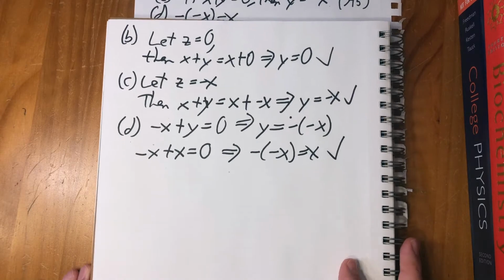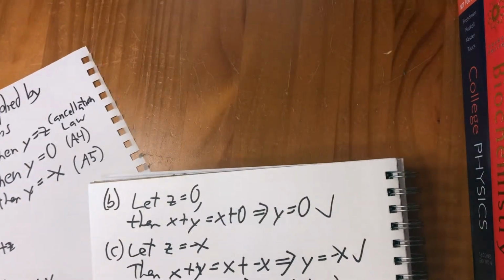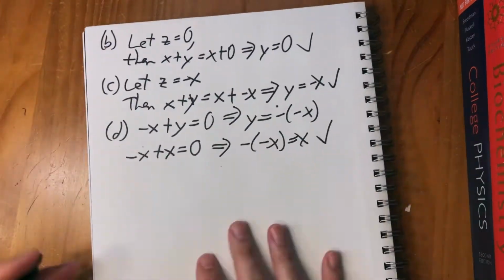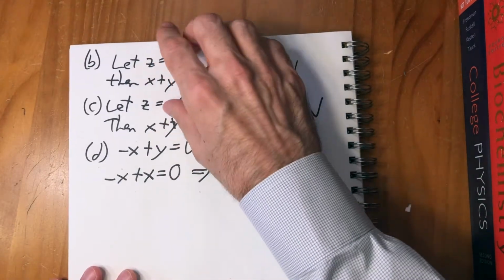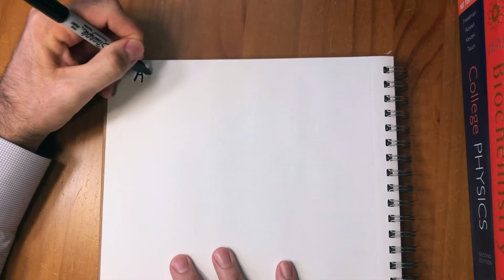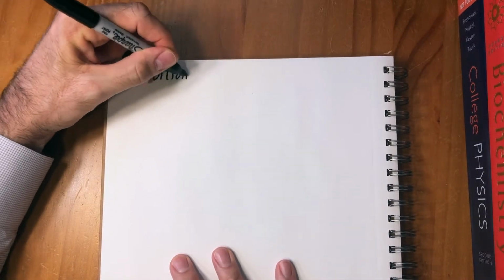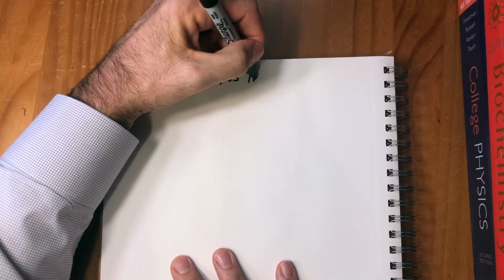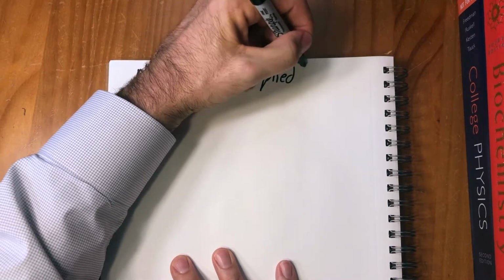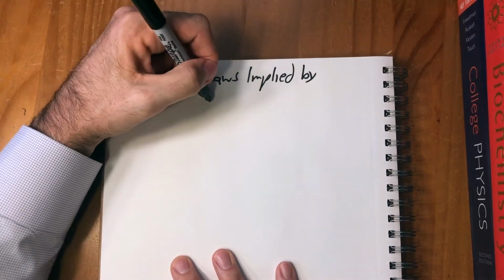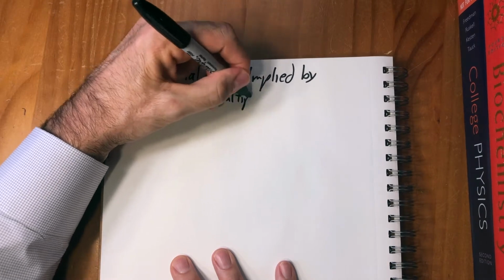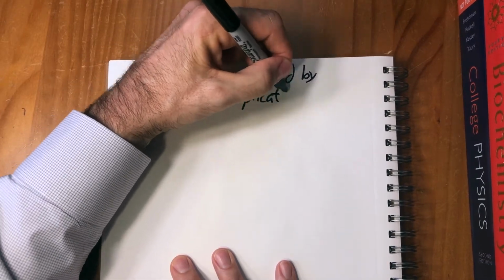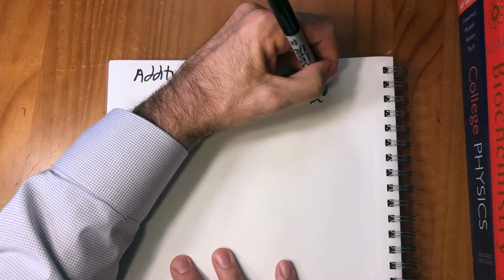Okay, so now, very similar laws for multiplication. So additional laws implied by multiplication axioms.